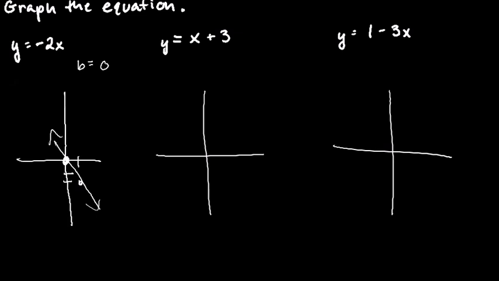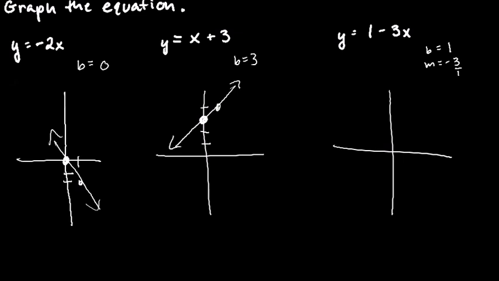This one tells me that my b is 3. So I should be starting at the y-intercept and going up 1, right 1, because my slope is 1. And last but certainly not least, my b in this situation is 1, and my slope is negative 3.